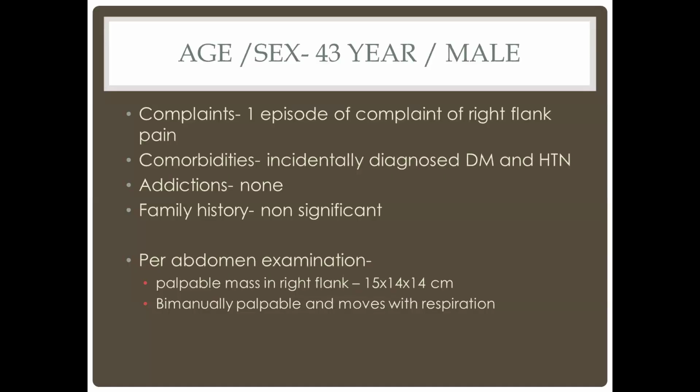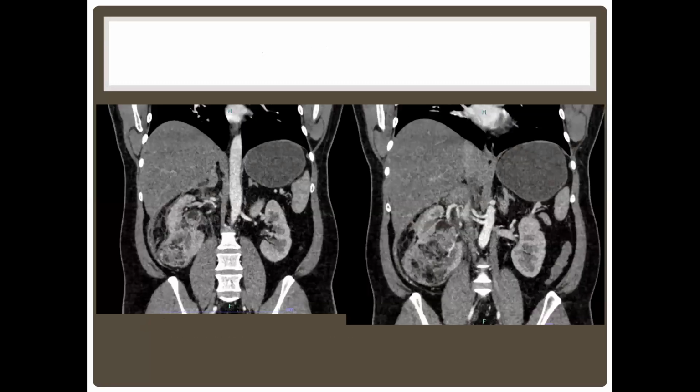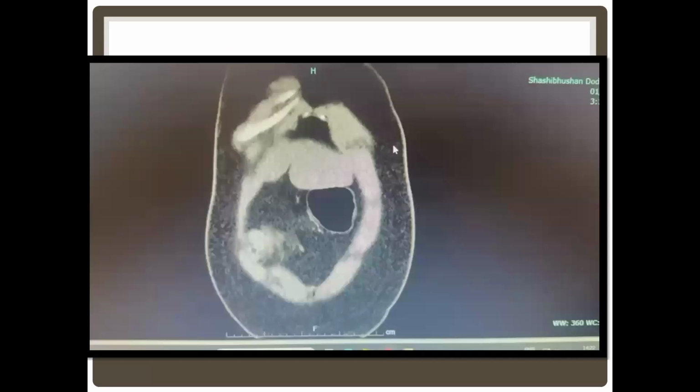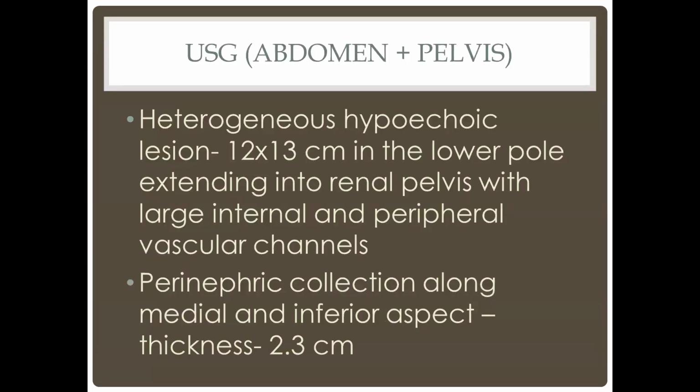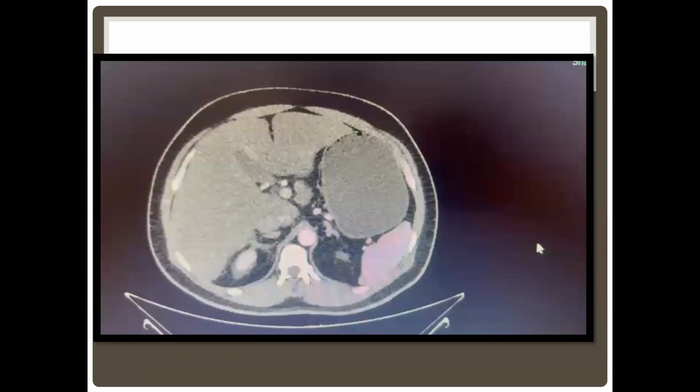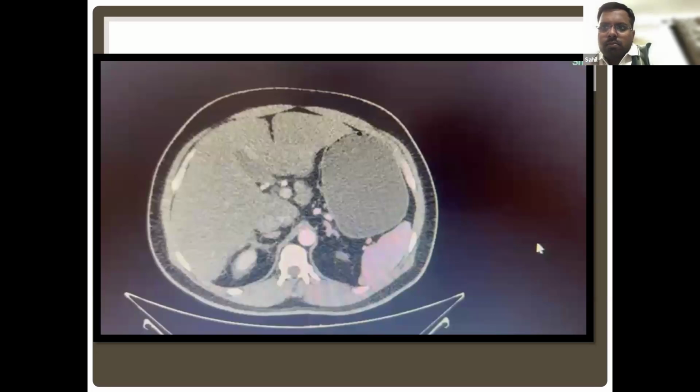Because hemorrhage has distorted the classical look of AML, but I observed in some plane it can be visible that it is an AML. Just before the hemorrhage starts, there is a classical fat density within the mass. This is just to highlight for the residents.